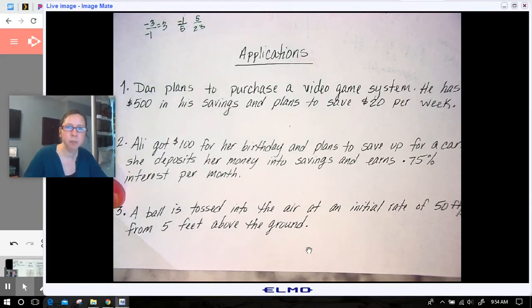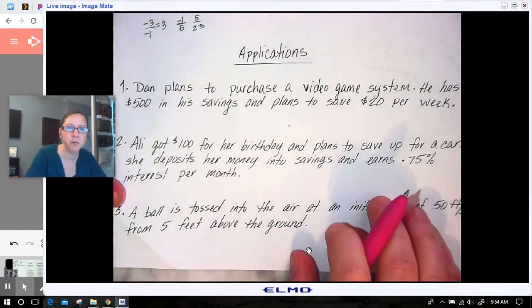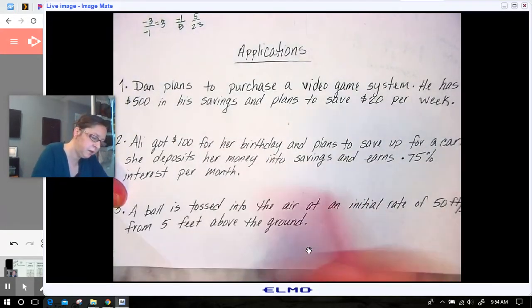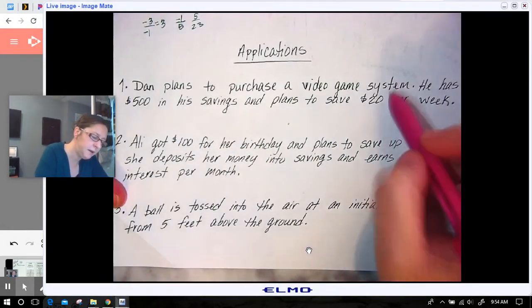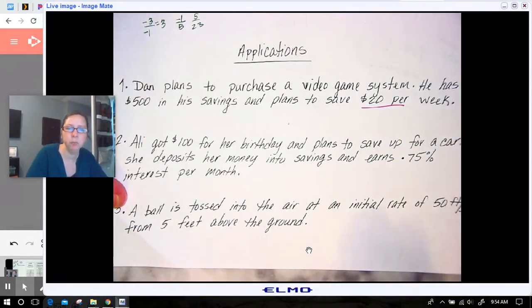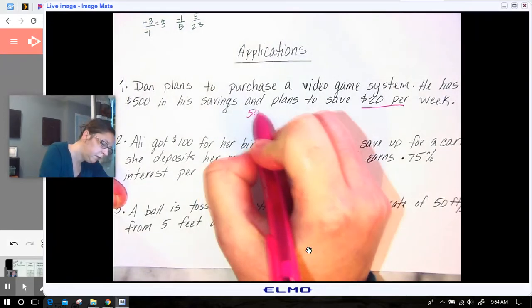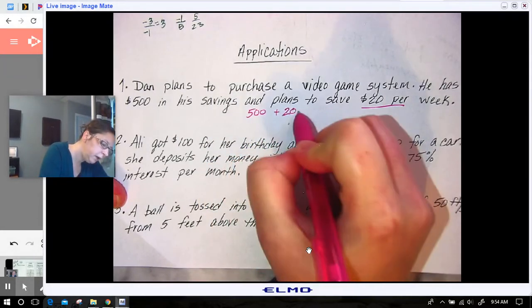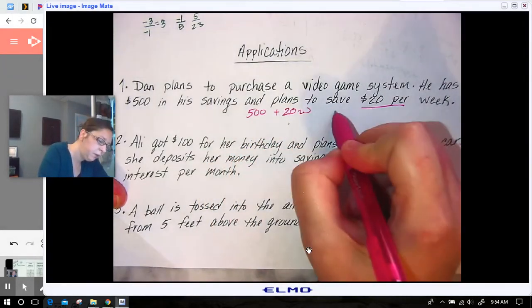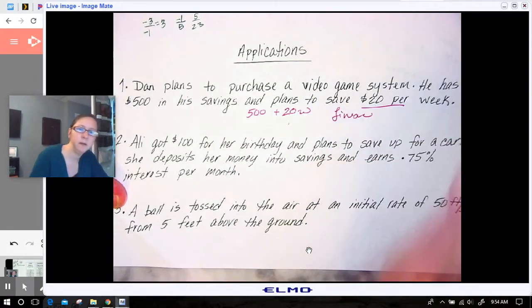Dan plans to purchase a video game system. He has $500 in his savings account and plans to save $20 per week. So this would look like 500 plus 20 per week. This is a linear function.